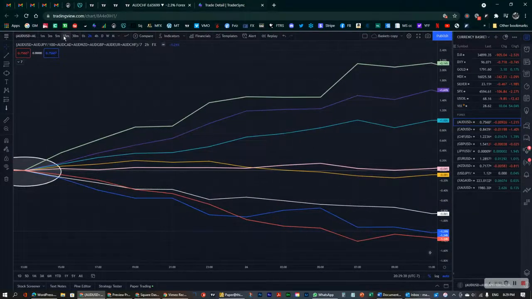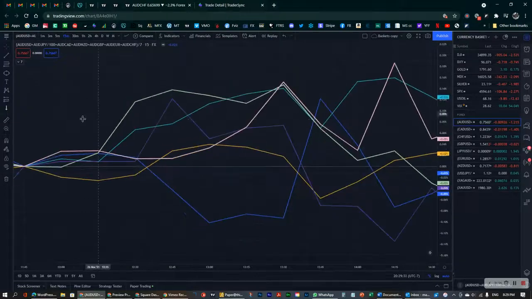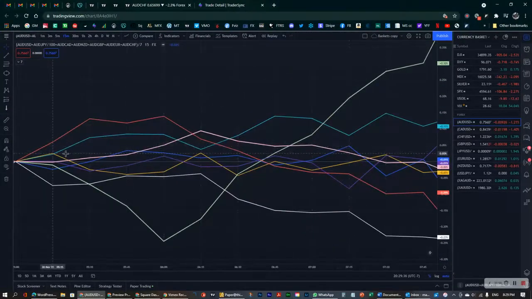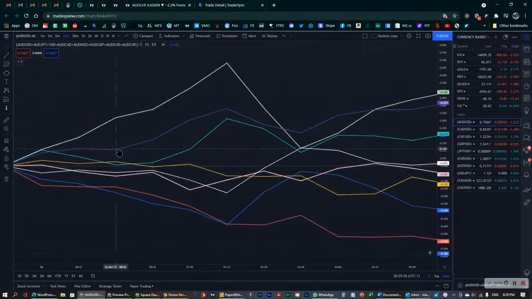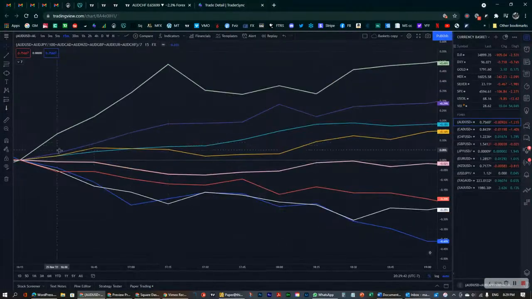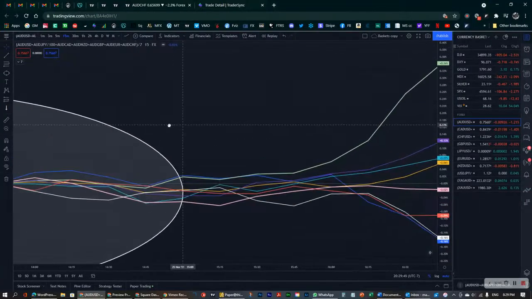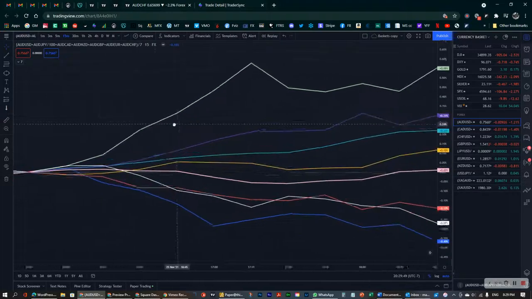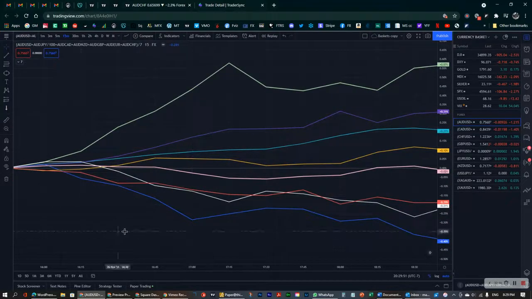Let's go to 15-minute. Drag it all the way back here. Coming up on it. Yep, there we go. So right there, maybe even further. There we go. Look at that slope of the yen.